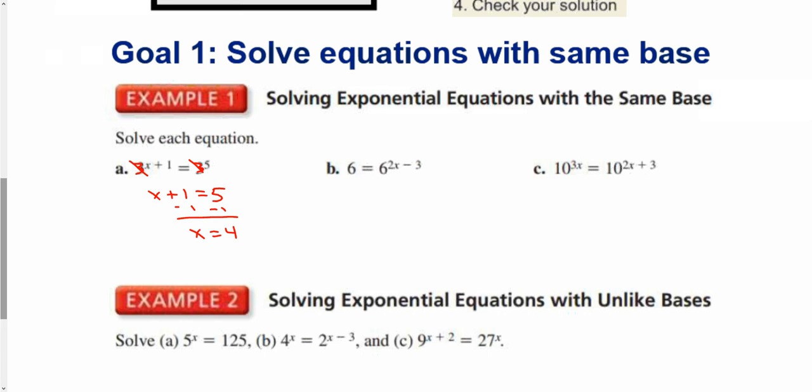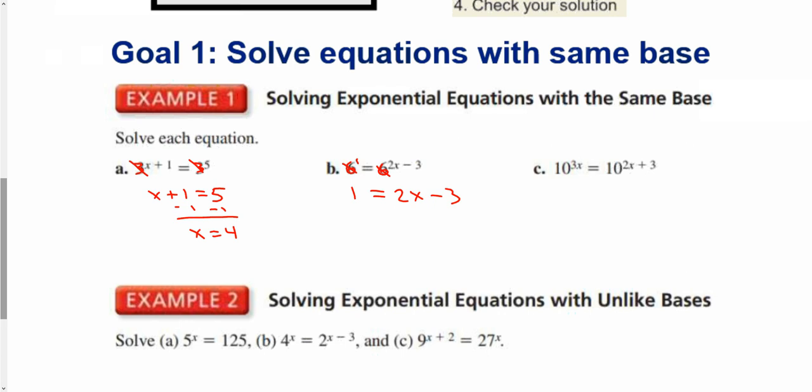Now take a look at example B. I have to be careful with this because, yes, they're both 6s, and yes, I can cross them both out, but I can't have a problem that's blank. Yes, because this is a 1. Some people mess that up and they put a 0, but it can't be a 0 because if it was a 0, the 6 would have gone away.